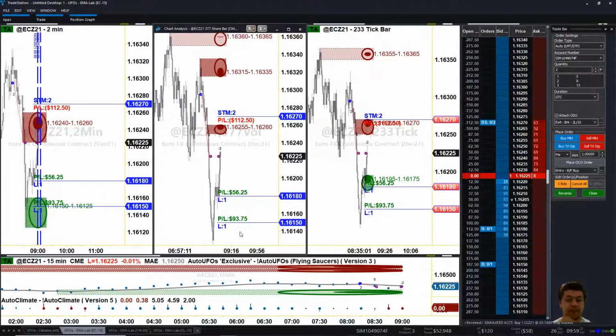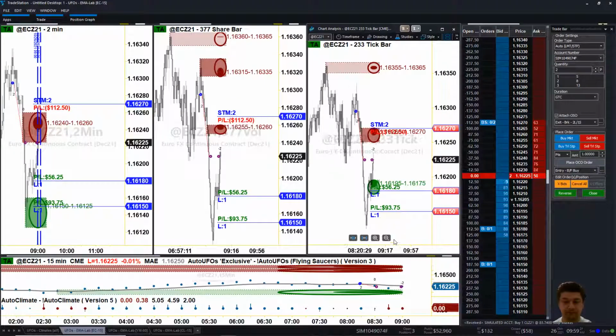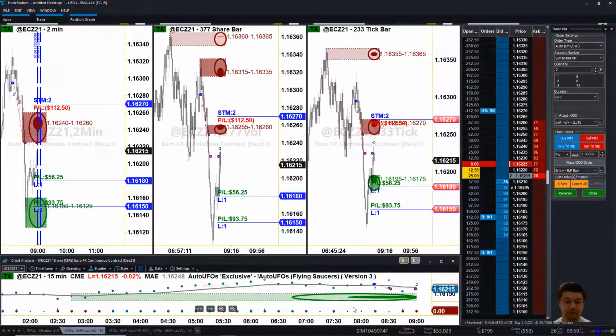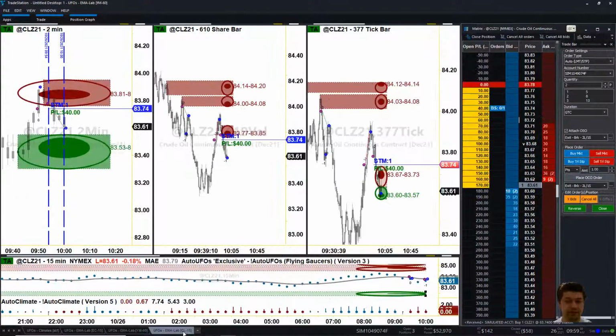Okay, so risking 112 to basically make about 240, about a 2 to 1, a little bit more than 2 to 1. Wow, it's a lot of indecision there.